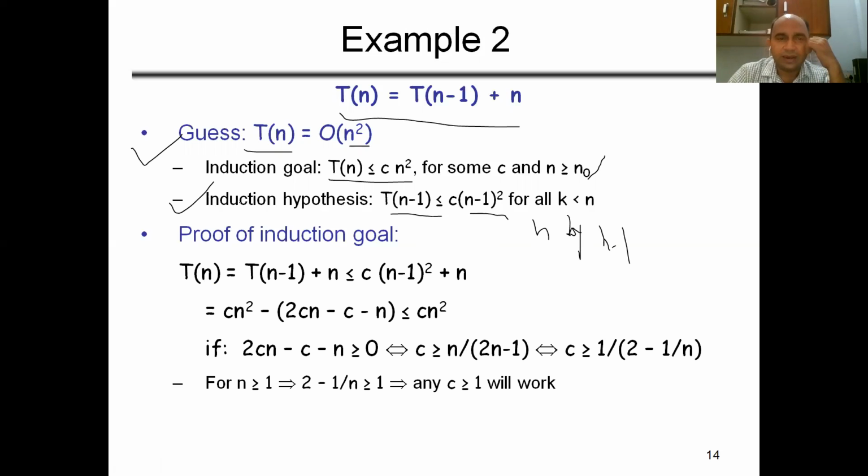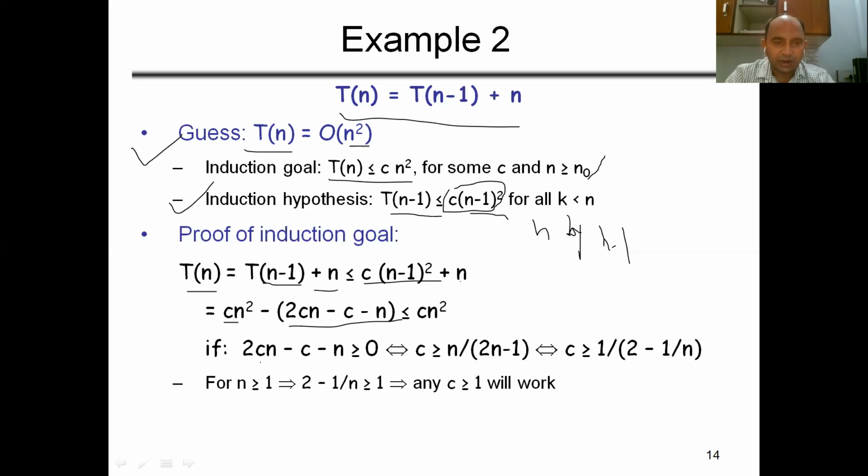So I can write my equation T(n) is equal to T(n minus 1) plus n, which is less than or equal to, replacing the solution for T(n minus 1), c(n minus 1) square plus n. After solving this whole square, I can write these equations.